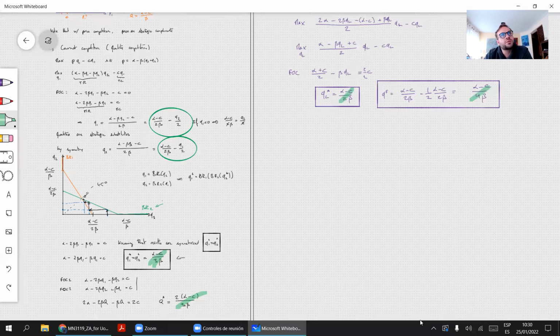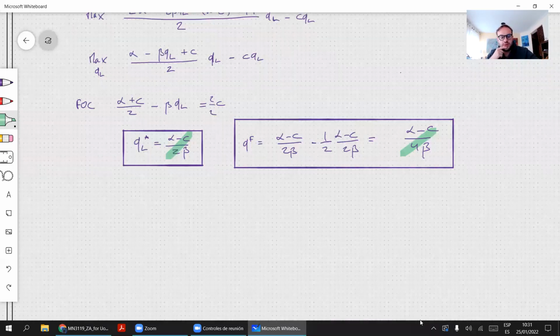And 3/8 is more than 2? No, it's obviously less. So yes, in this one you're producing less than in the Cournot duopoly. Correct.